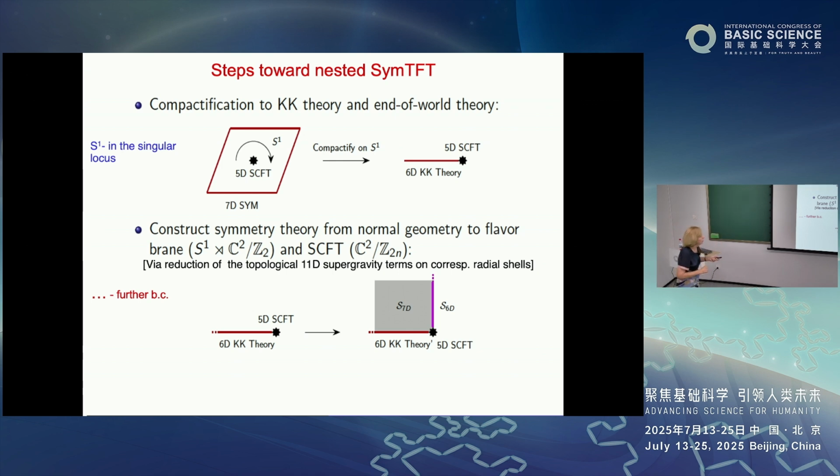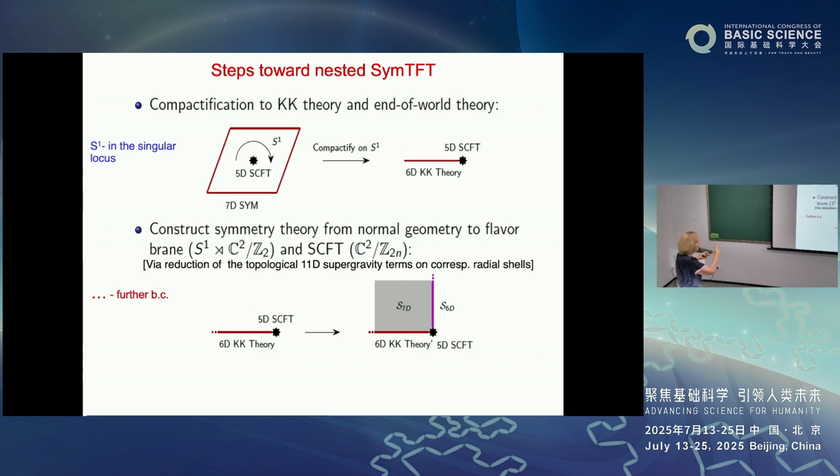Now, how do we construct SymTFTs in this context? What we have to do is describe the normal geometry both to the flavor brane in this orbifold and, of course, the corresponding codimension 6 singularity.